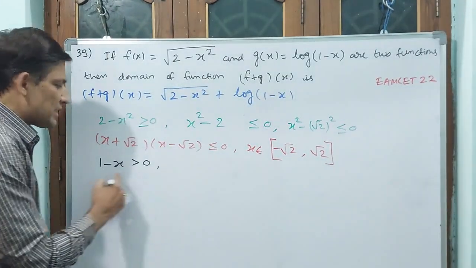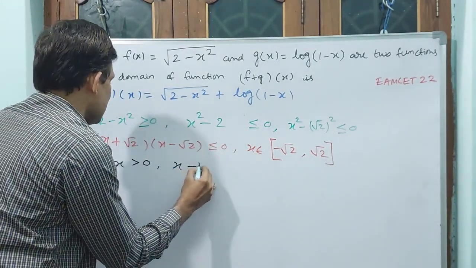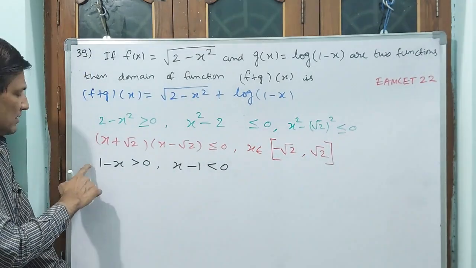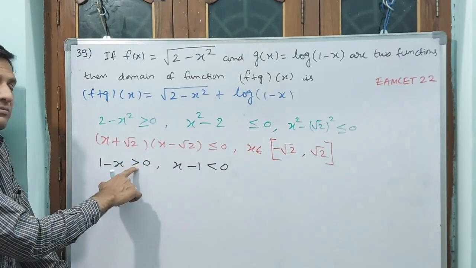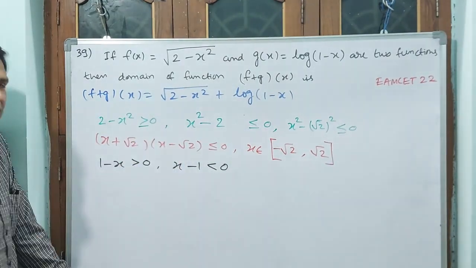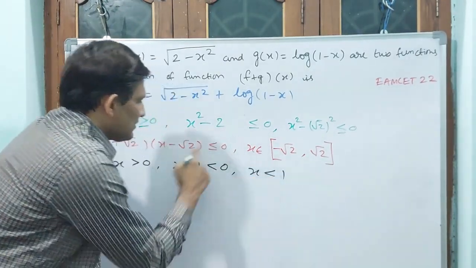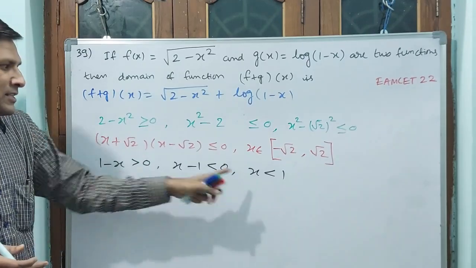Once again I am going to multiply with minus 1. Why? Because x is having minus. That means x minus 1 is less than 0. If you multiply with minus 1, this is going to become minus 1, this is going to become plus x, and greater than is going to become less than. Now again, x is less than 1. I have added plus 1 on both sides. x is less than 1.